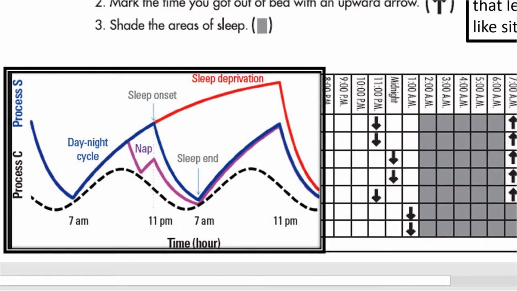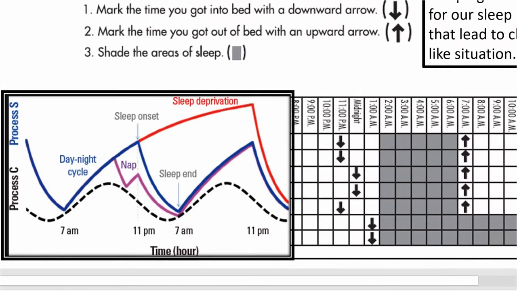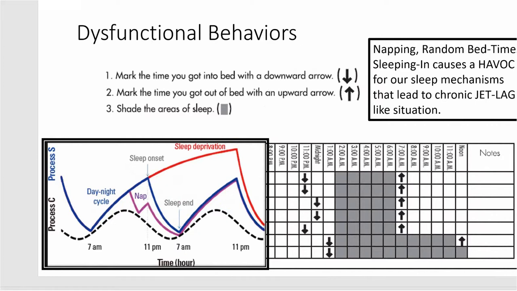So when you end up with your sleep prescription and you're like, what are we doing? Why am I sleep depriving myself? It really has to do with strengthening your process S in order to help you create more positive habits related to your sleep behavior.